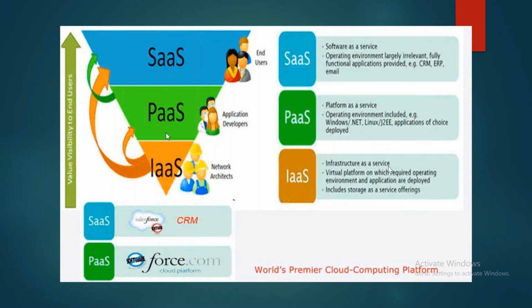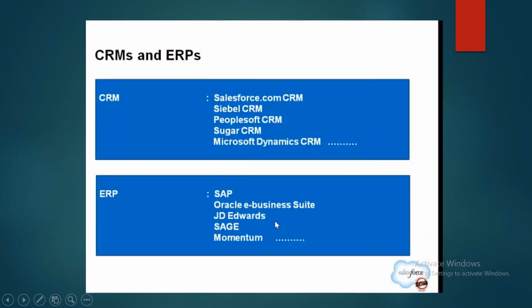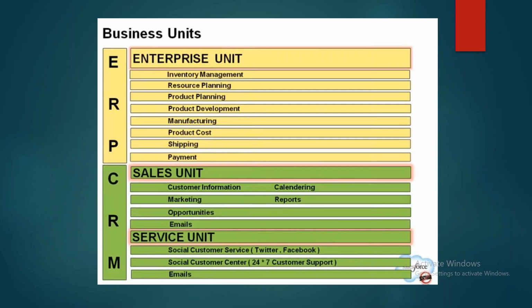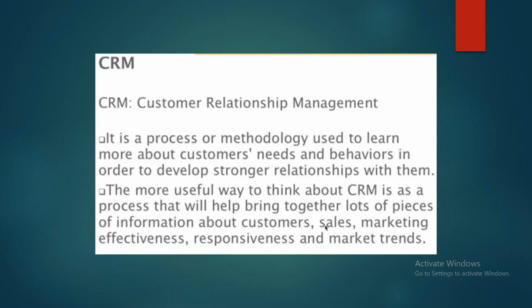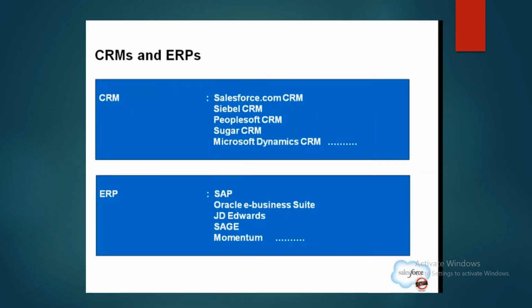Okay, so what we have seen till now: the first thing we have seen is what exactly is a CRM, and what the business units are when you want to start a large scale business. That is what we have seen first. Then what exactly is a CRM, and after that what the different CRMs in the market are, and why Salesforce is the number one CRM.